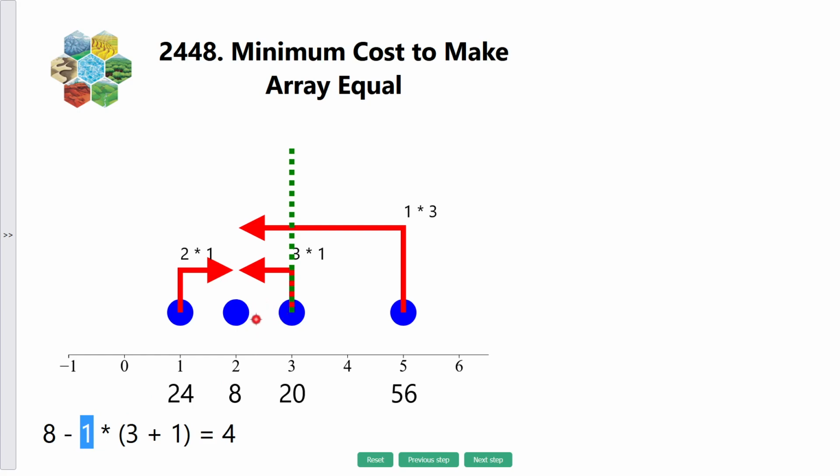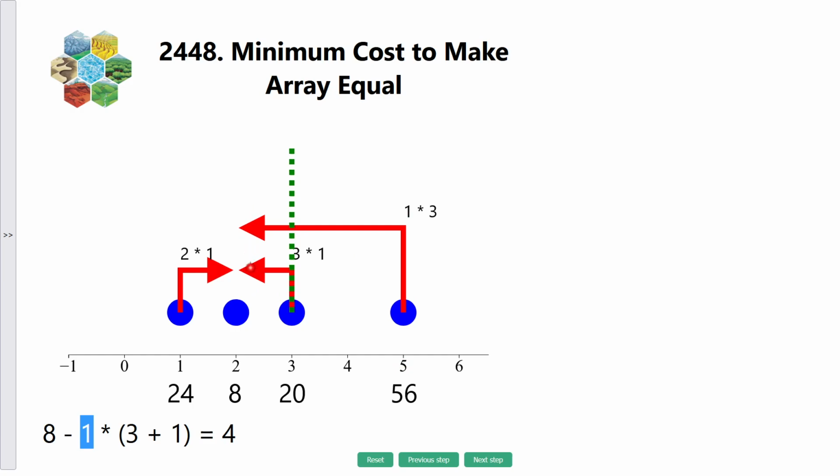And the distance will be multiplied by the unit cost of all the blue dots after our last number. So that's the cost of 3 and 5. The unit cost of 3 is still 3, and the unit cost for 5 is just 1.